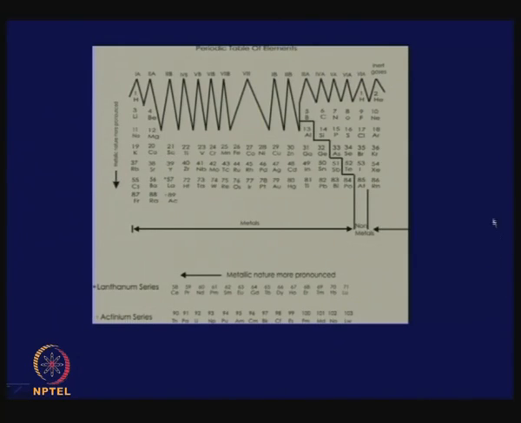All these are non-metals, on the right hand side here, all non-metals. These are all metals, almost 55, 56 of them. There are many more because under lanthanum and actinium series there are many metals. So, all these are metals excepting hydrogen, which has been put there.